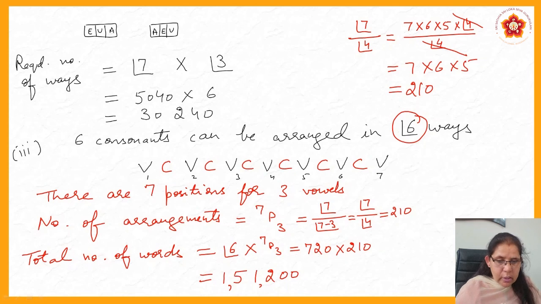So this is the total number of words that can be formed from the letters of the word Tendulkar so that no two vowels are together.